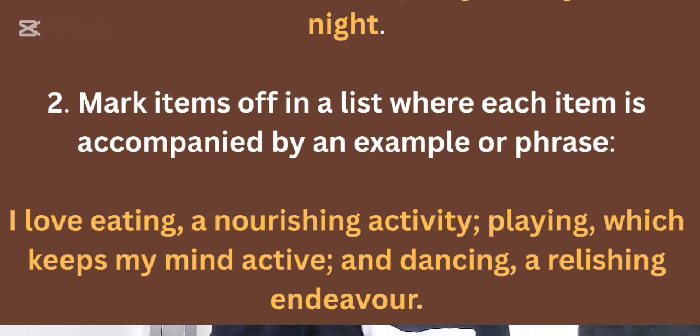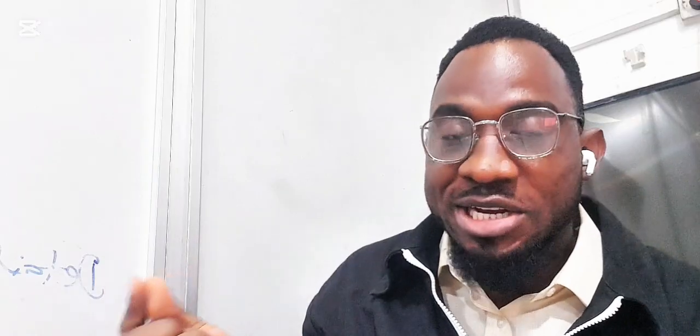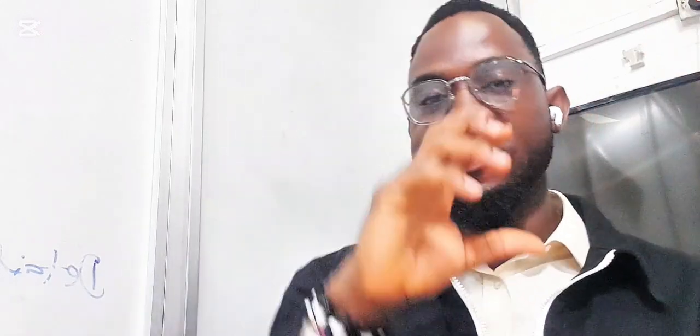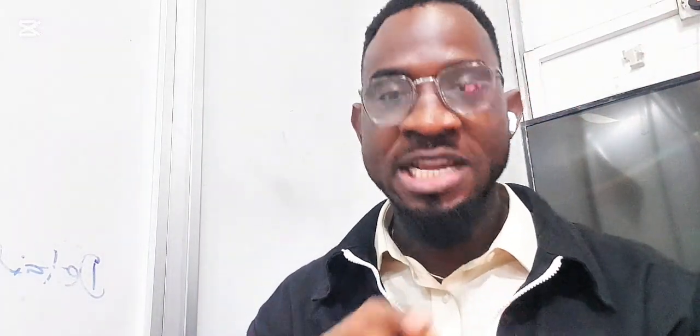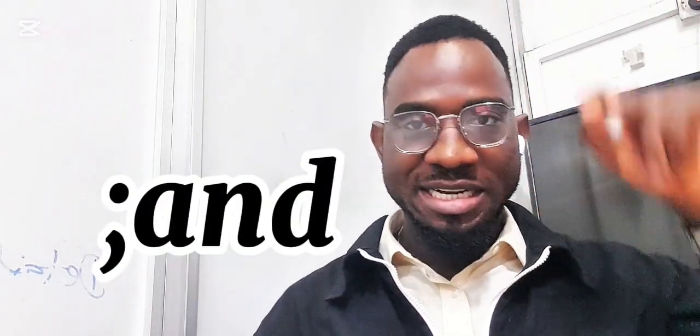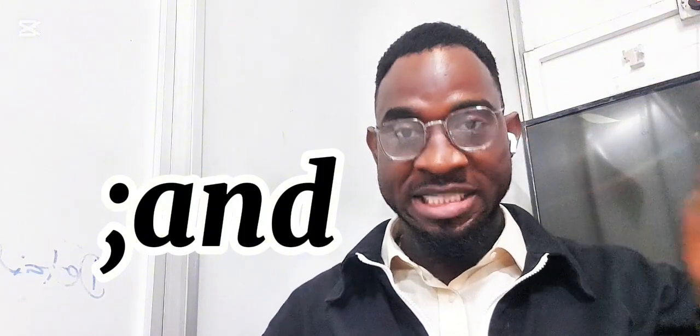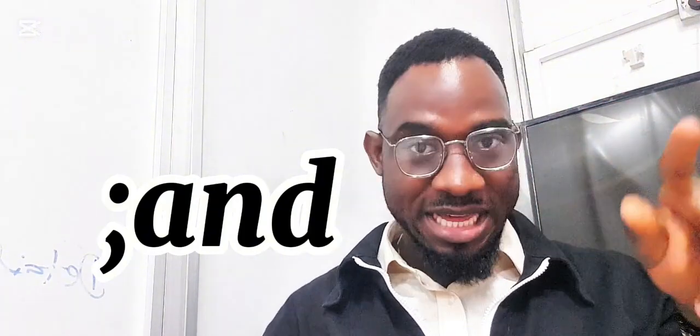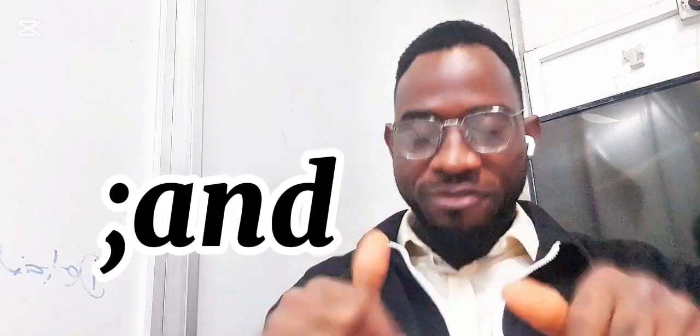I simply explained each item constituting my list with a phrase or with non-essential information. Yes, so when you have each item accompanied by a phrase or an example explaining it, the semicolon does the job of marking off instead. In fact, whenever you find the semicolon and the conjunction and together like that, this is often what is tested for.